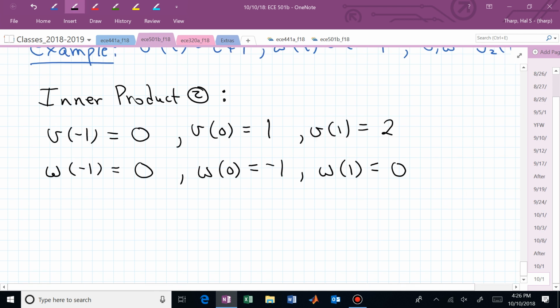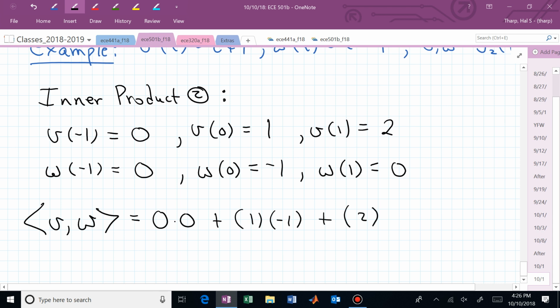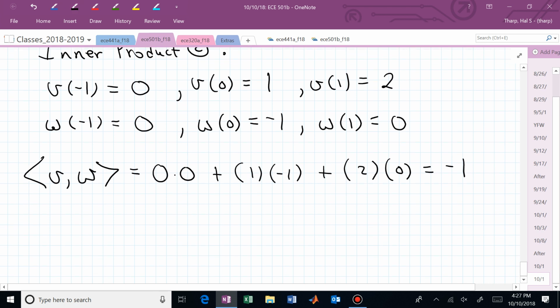So now the inner product, using rule 2, of v with w is going to be v of -1 times w of -1, or 0 times 0. Then I have v of 0 times w of 0, and I add that to v of 1 times w of 1, and the inner product is -1. And that's a valid inner product.